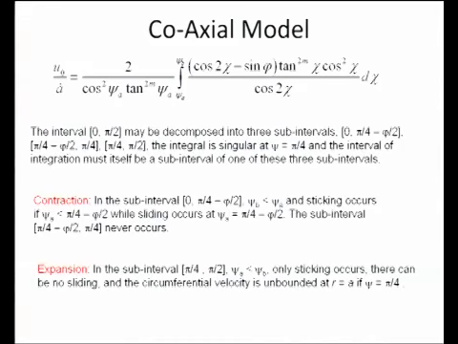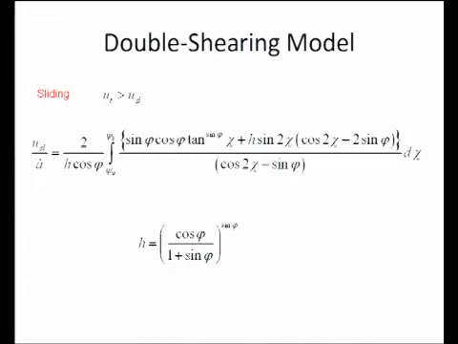And this subinterval never occurs if you have contraction. And if you have expansion, then in this subinterval there is this relation between psi a and psi b, and only sticking occurs here. There can be no sliding, and the velocity is unbounded at r equal to a if psi equals pi over 4. So this is the structure of the solution for the coaxial model.